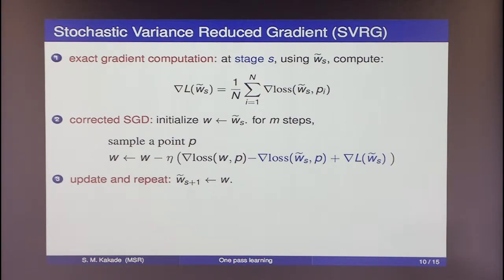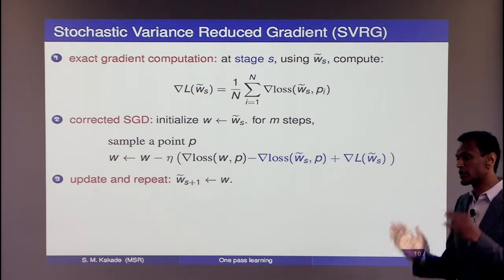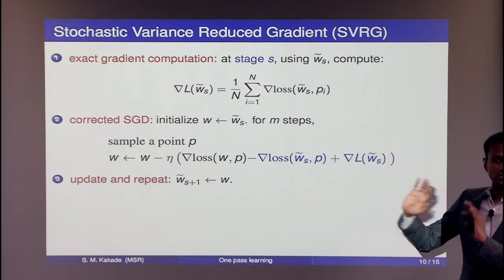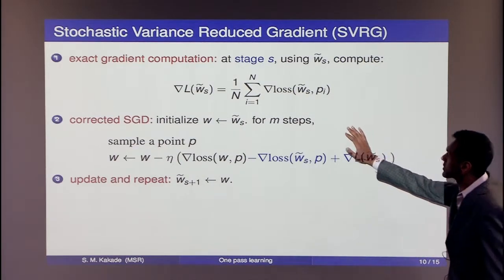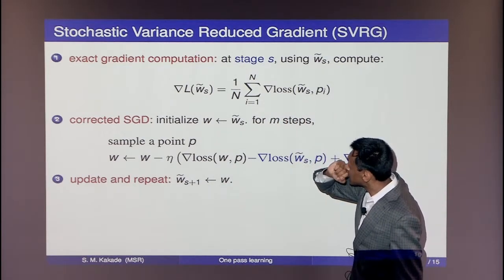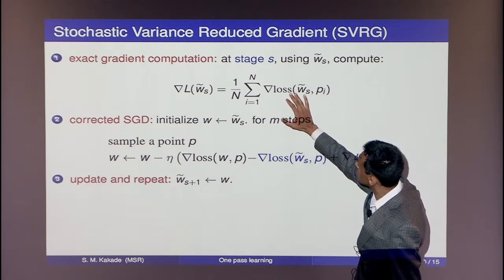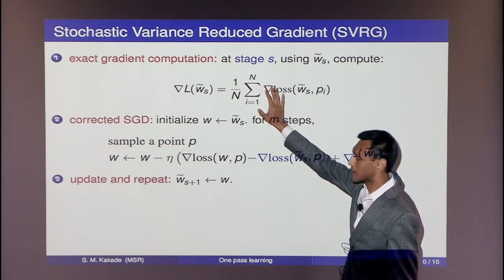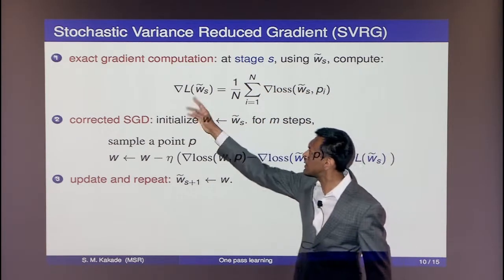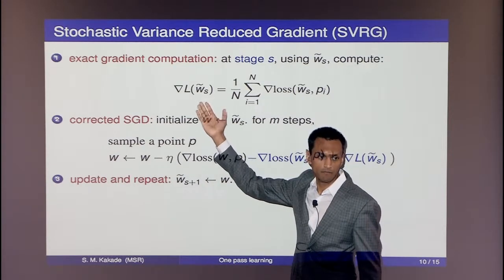Okay, so we're going to compute the gradient in stages. Let's just start this algorithm as if we're at the right answer. The first thing this algorithm, the stochastic variance reduced gradient descent, is going to do is compute the gradient at some point. Suppose we start at the optimal. What's the gradient at the optimal point? 0.